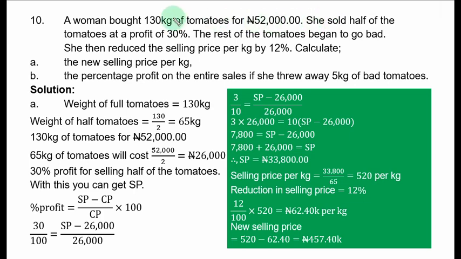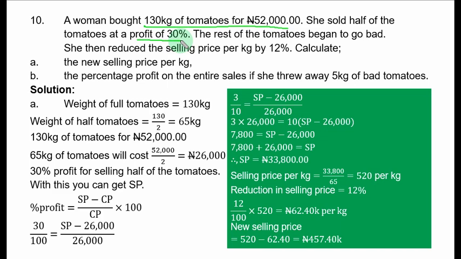Question 10. A woman bought 130 kilograms of tomatoes for 52,000 naira. She sold half of the tomatoes at a profit of 30%. The rest of the tomatoes began to go bad.